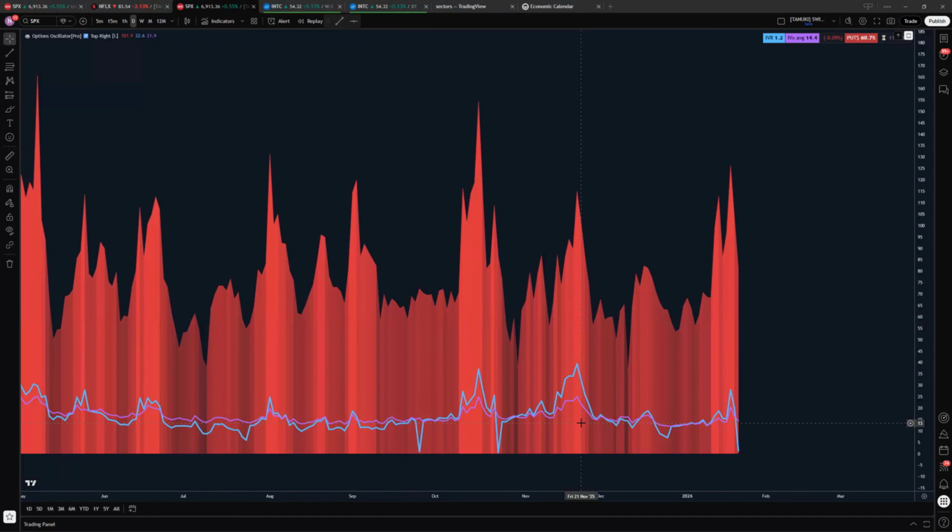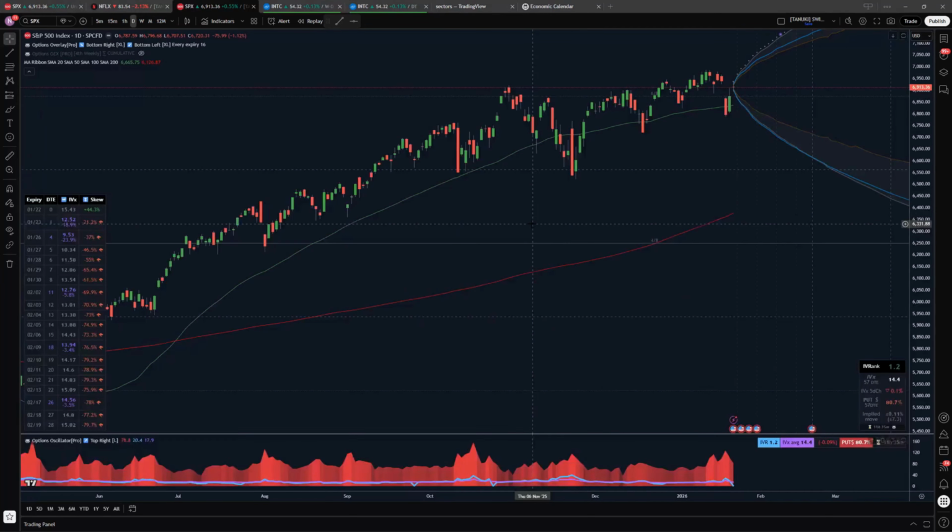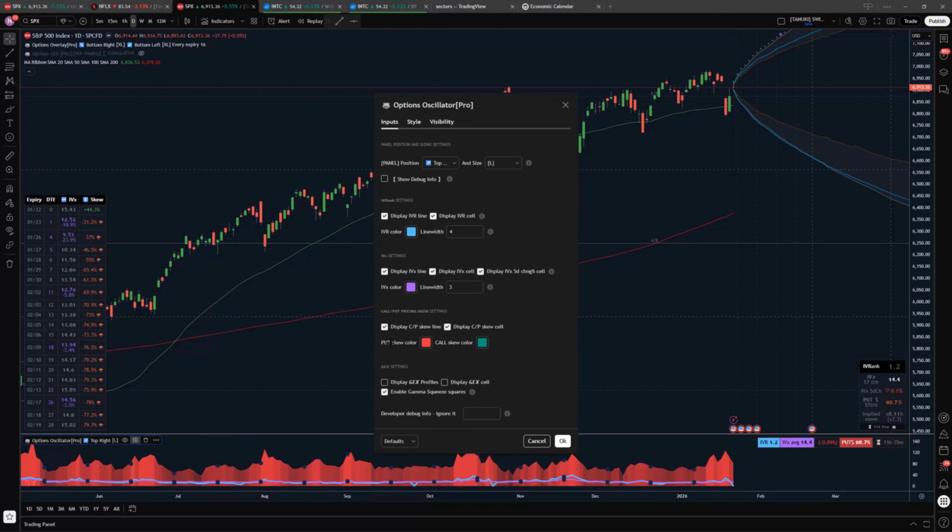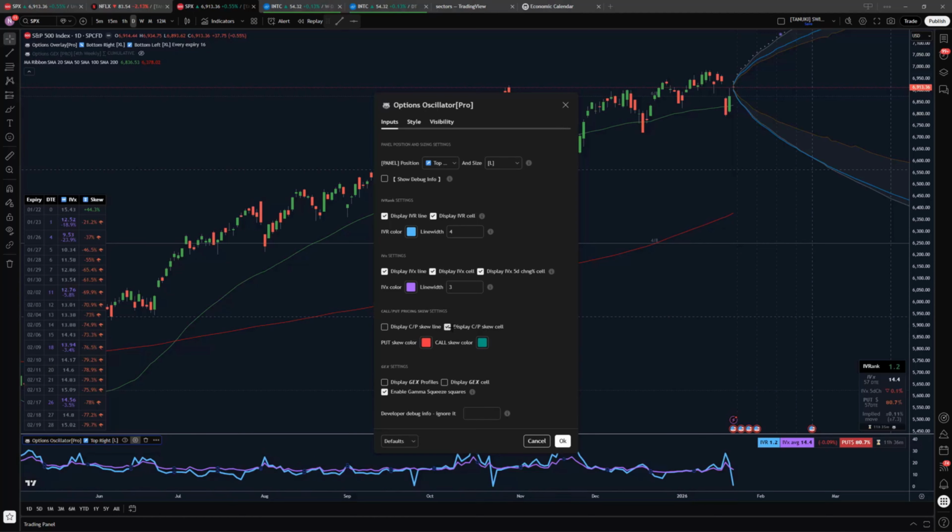Or if you don't care about the histogram and you don't care about the call or put pricing skew, but you want to see very clear, nicely scaled IVR and IVX values, then you should go to the settings and disable the call put pricing skew lines. Then the scaling changes back to the normal level based on the IVR and IVX averages or range. So this is how you can see the IVR and IVX values better if you don't care about the pricing skew.